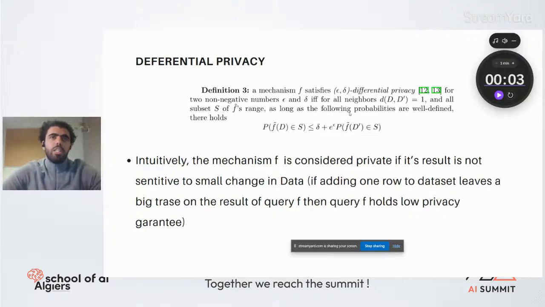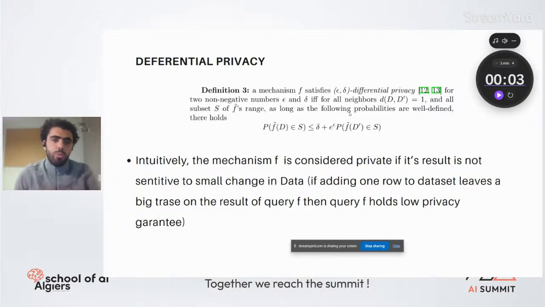That means that if an attacker queries the dataset before adding this individual, and then queries it after adding this one individual, and he can notice a significant difference, then he can trace this individual. He can know that we added this individual.